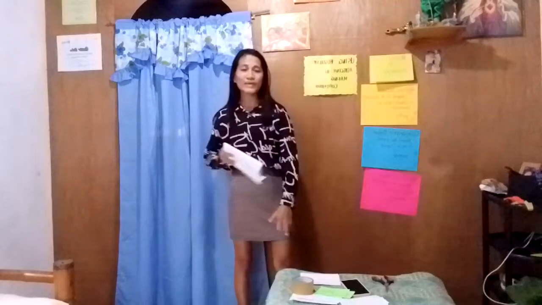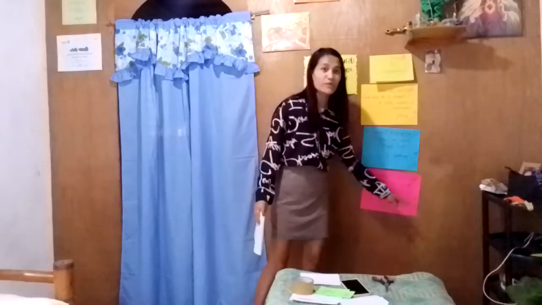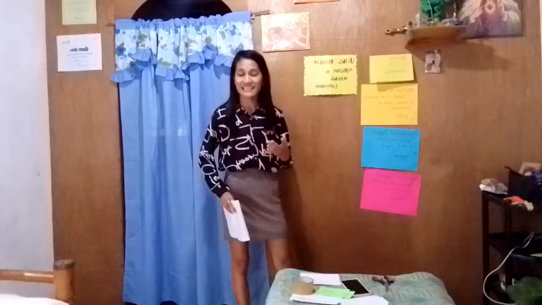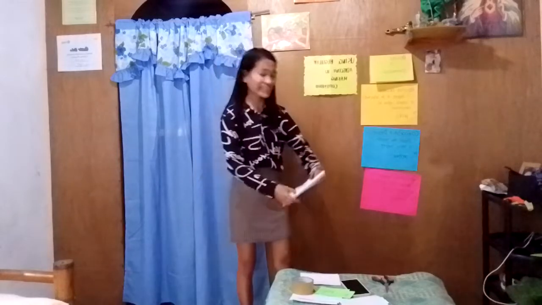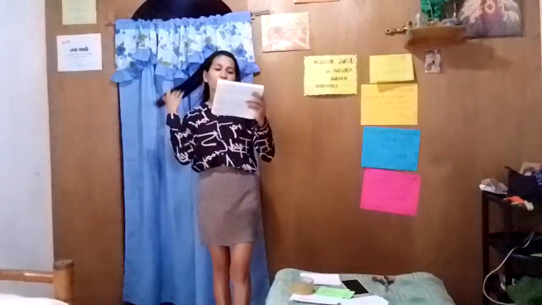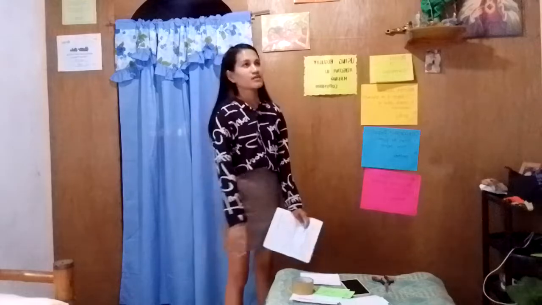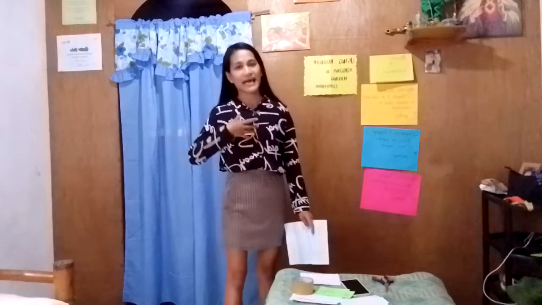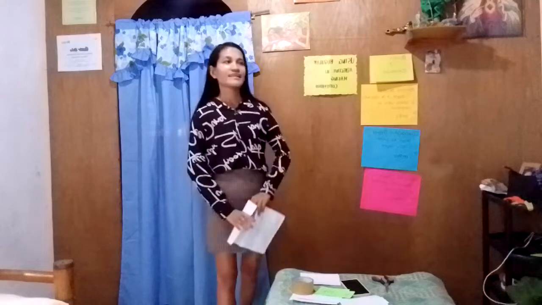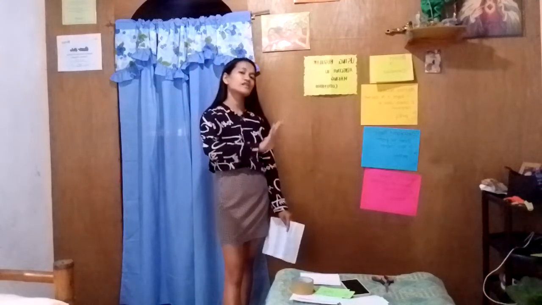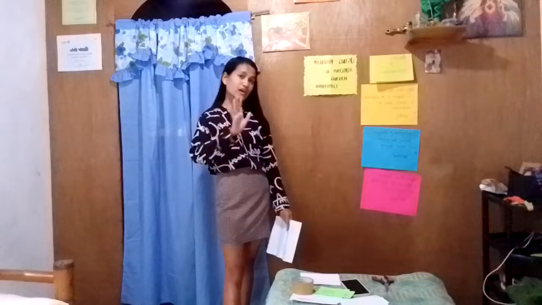So we add the word most in front of the word, and we add est at the end of the word. So if the word has only one or two syllables, we add er or est to form a comparative or superlative degree. If the word has two or more syllables, we add more or most. For example, honest. So in comparative degree, we add more in front of the word. And in superlative degree, we add most in front of the word.